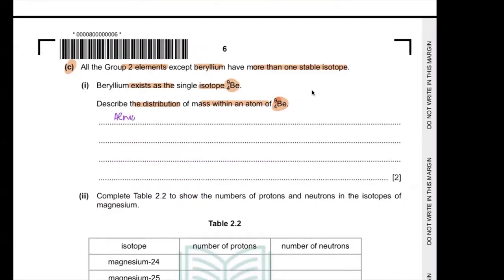So almost all the mass is due to protons and neutrons, collectively called nucleons. Protons and neutrons are present in the center, that is the nucleus.